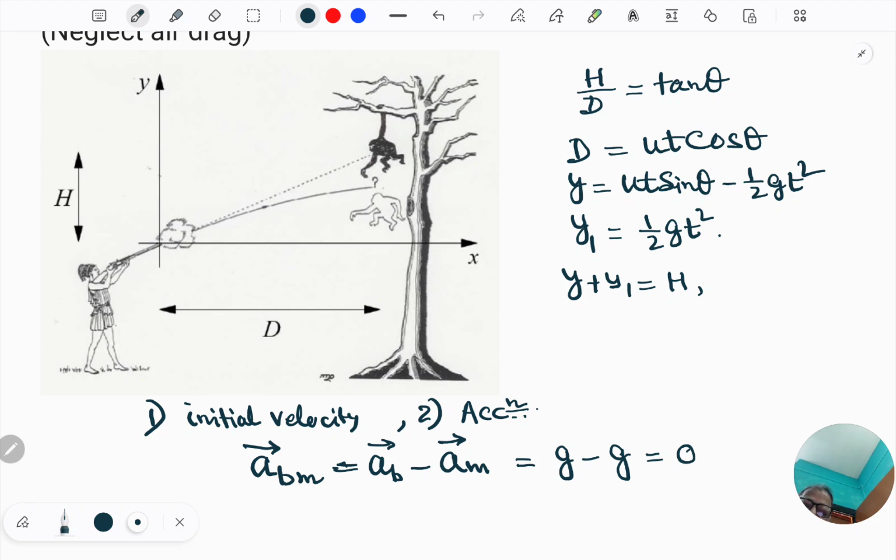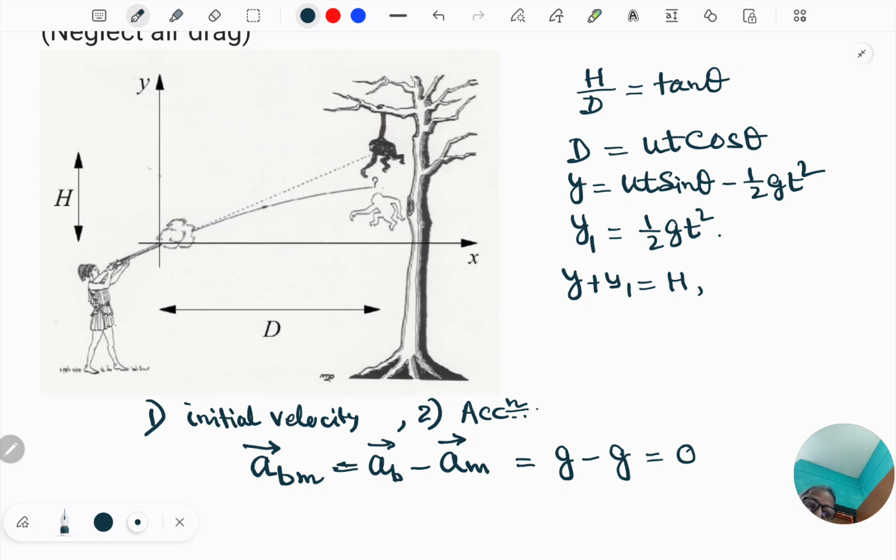That is, from the frame of the monkey, the bullet has no acceleration. And if an object has no acceleration but initial velocity, then obviously it is moving in a straight line in that frame. So the monkey observes that the bullet is moving in a straight line. And what is the direction? Well, the direction was initially along the line joining the nozzle and the monkey.